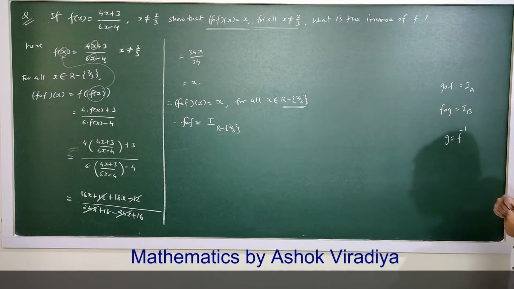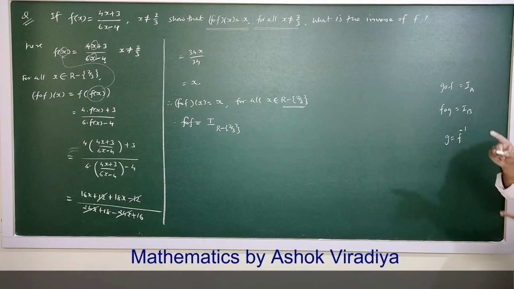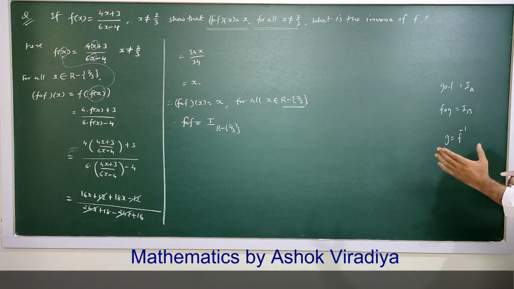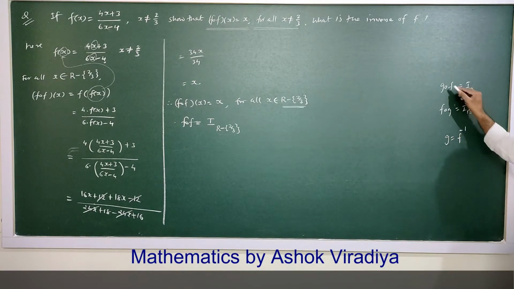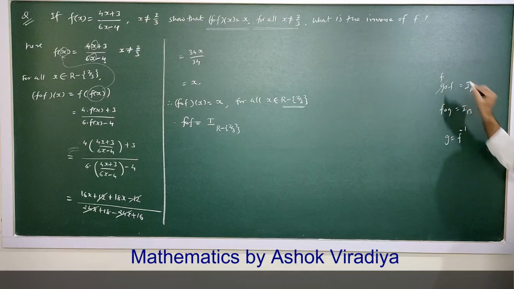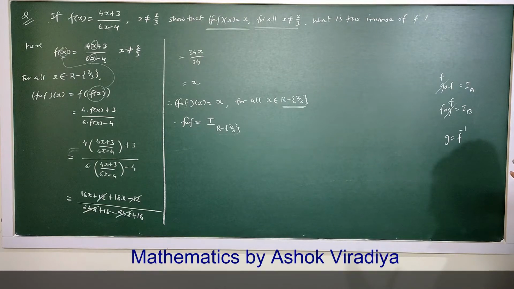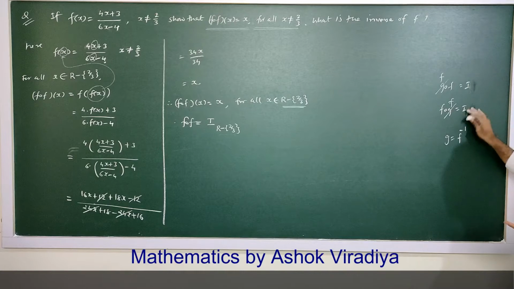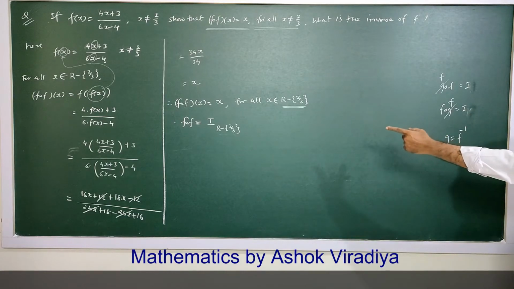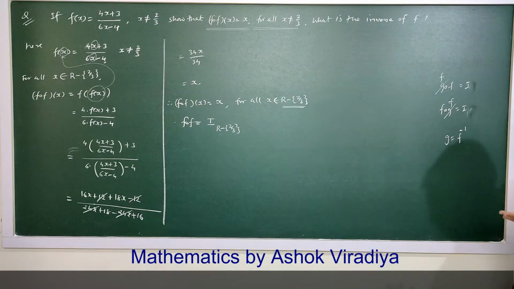Now look here, we have found the composition of the function with itself. So here think of fof, with f in place of g. What we have derived here is that fof is the identity function on whatever set the function is defined.